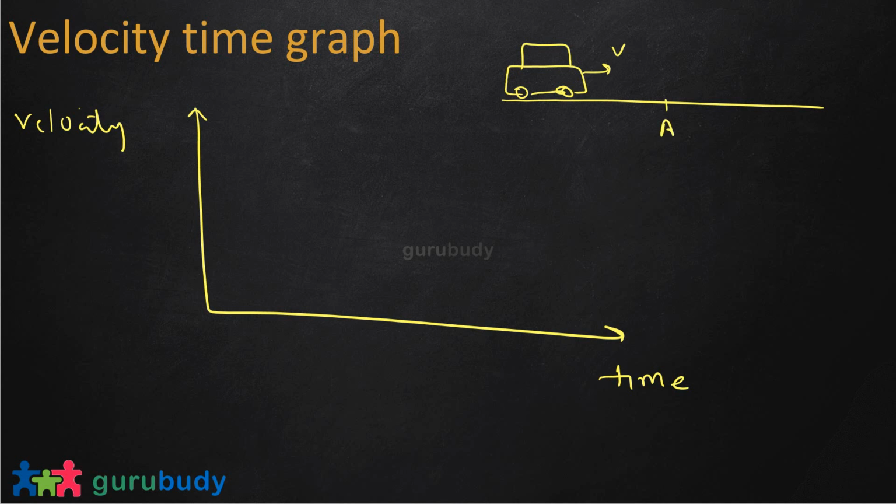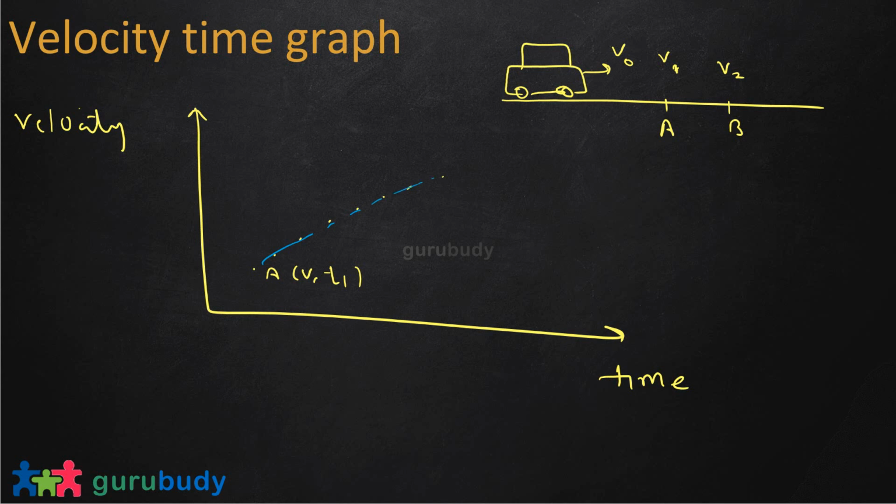Let's say it was v0 before and v1 after time t1, v2 after time t2, and so on. You will draw all those points here. Look at point A, which is v1 and t1, right? You draw all those points and connect them, and that will give you a velocity time graph.